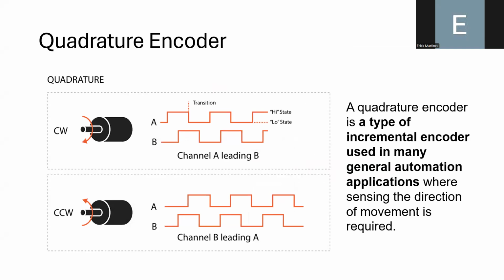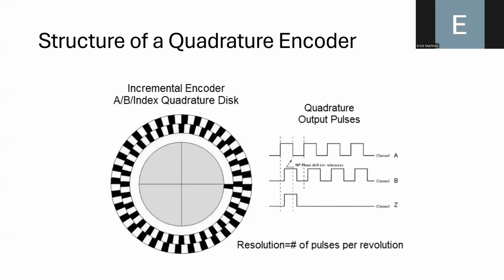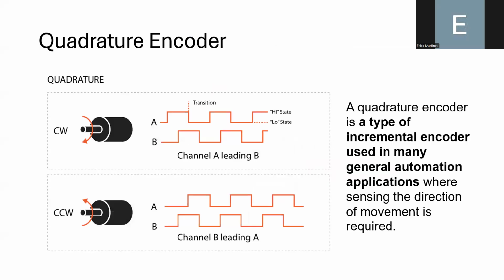We have two channels, channel A and channel B, associated with the pulses of the outer and the inner circle. So based on that, we have two signals.